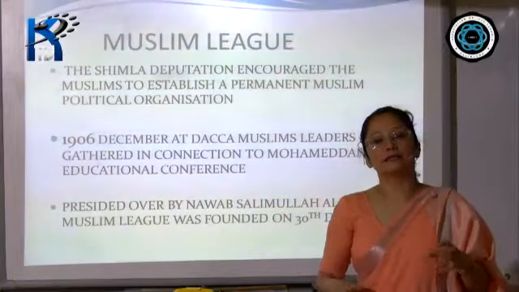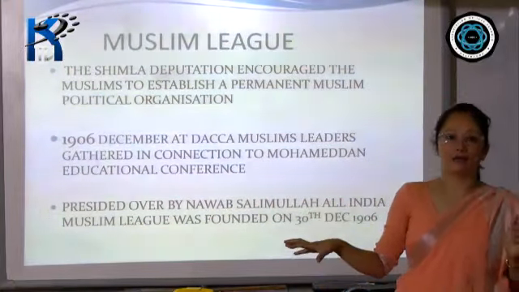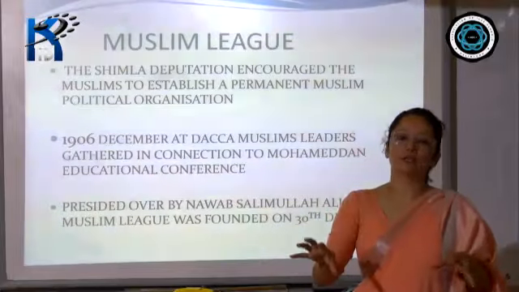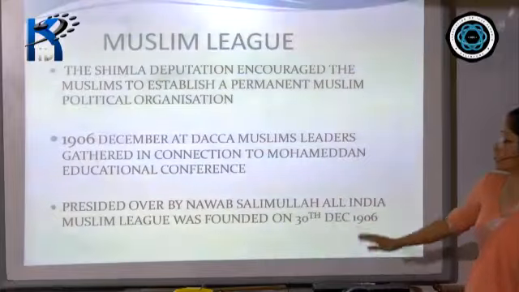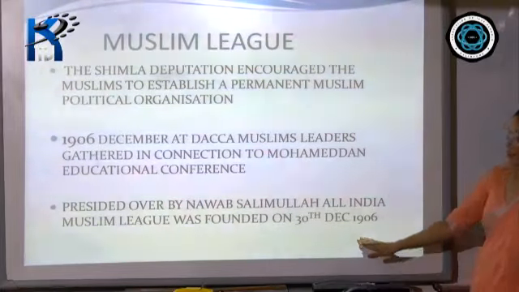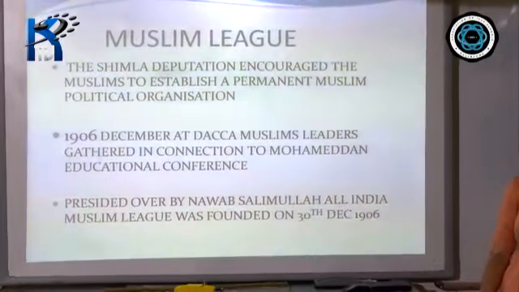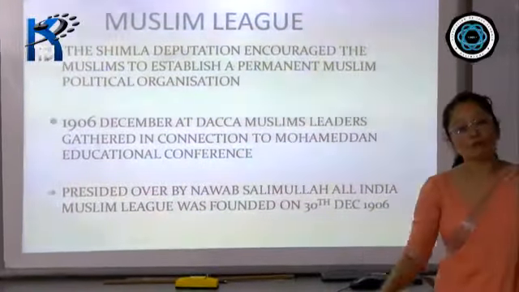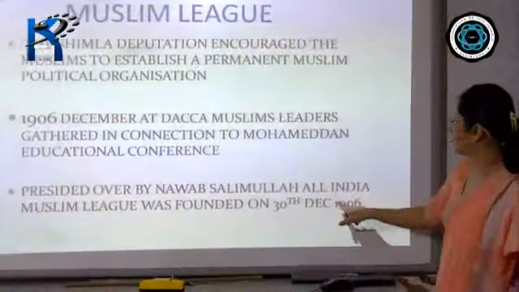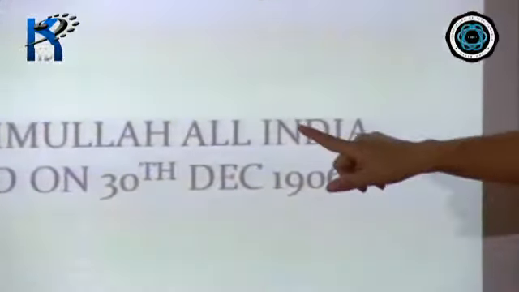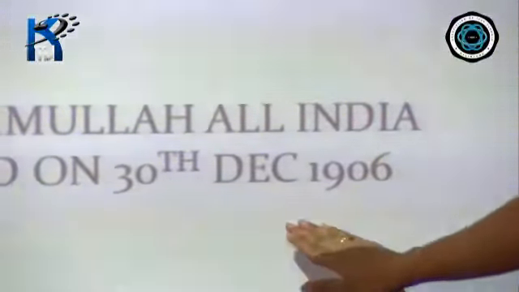All these Muslim leaders gathered at Dhaka. Why Dhaka? For the educational conference. But what was the outcome? It was very surprising that this conference was presided over by Nawab Salimullah, and from the same conference the organization was born with the name All India Muslim League, founded on the 30th of December 1906.